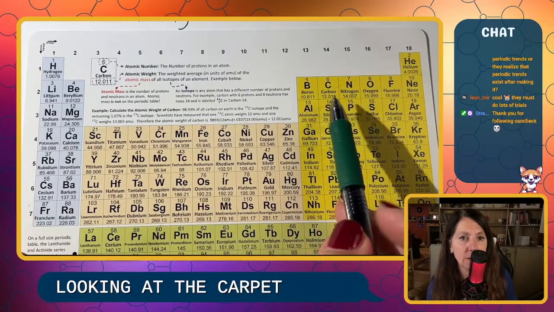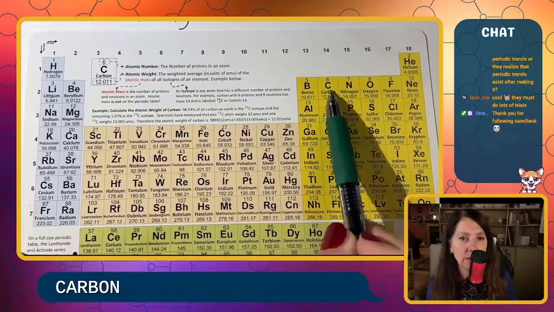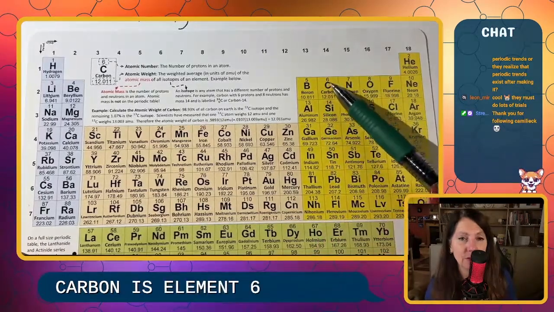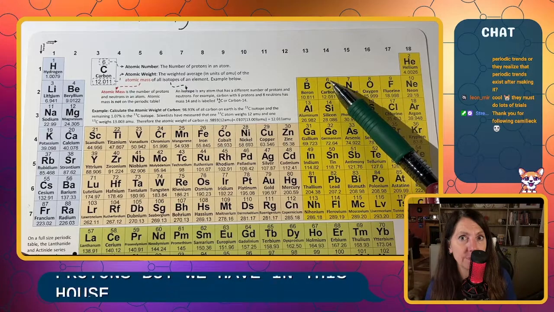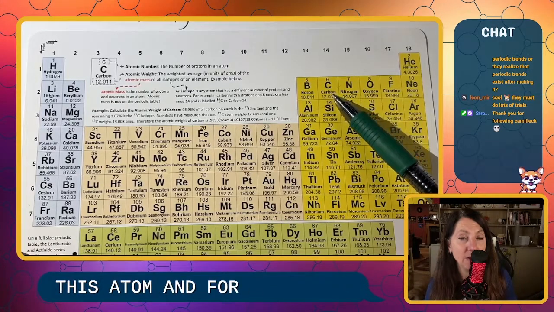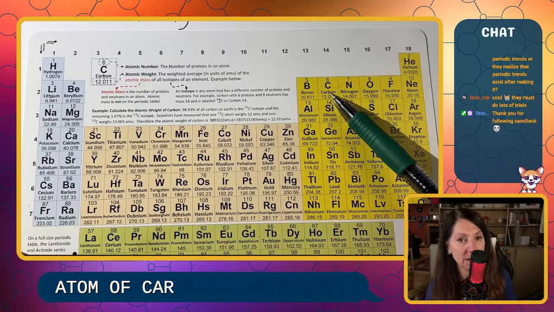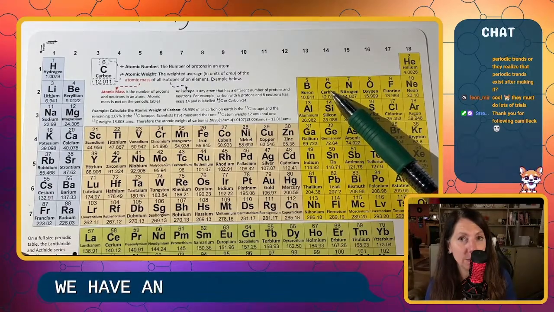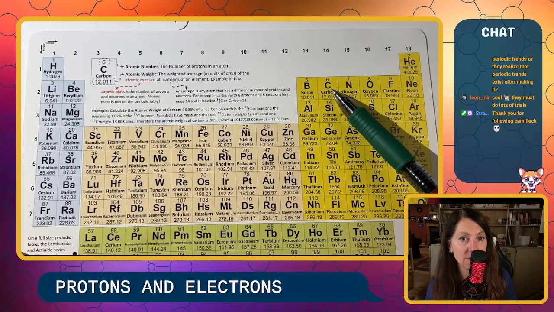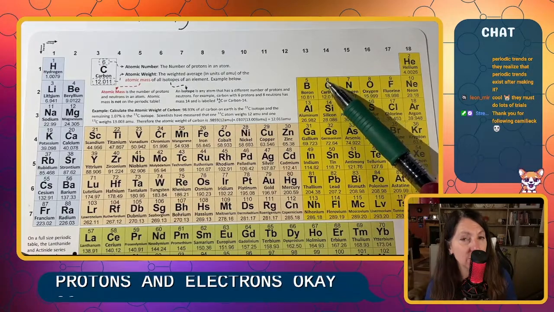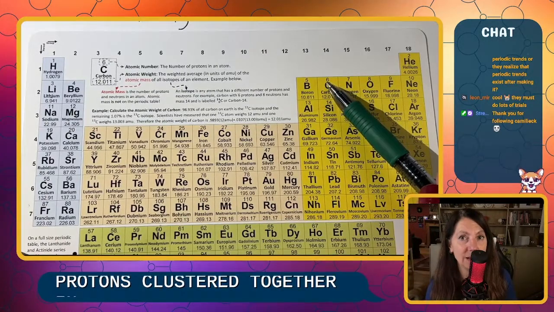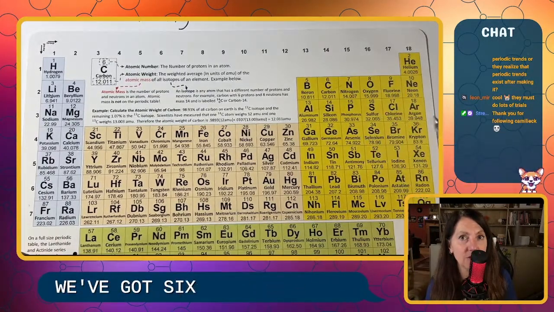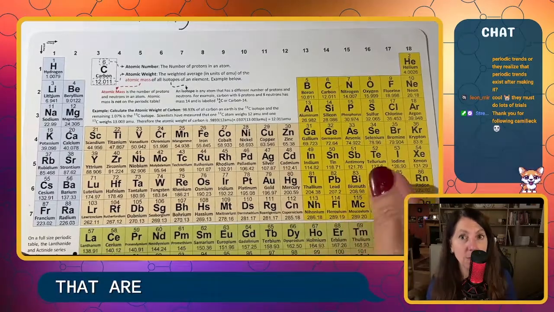Okay, so carbon is element 6. This number up here is our atomic number. This is the number of protons in this atom. And for a neutral atom of carbon, that means we have an equal number of protons and electrons. So the structure of the atom is 6 protons clustered together in the nucleus, and then 6 electrons around it.